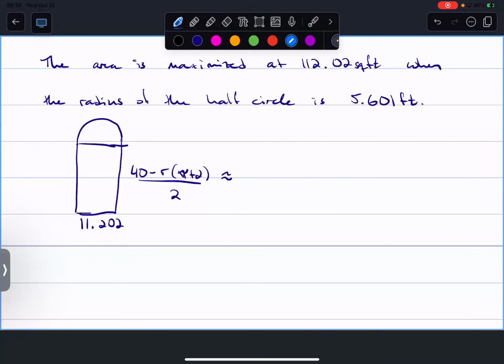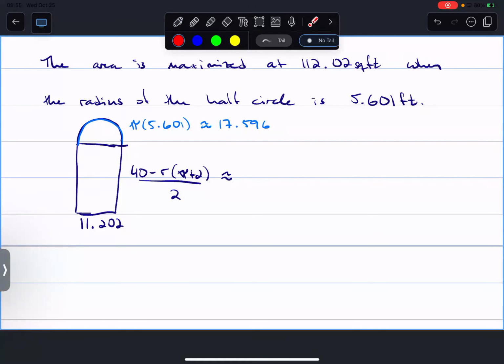which is what? 2 pi r divided by 2, so pi r. Pi times 5.601 is 17.596. Then what can I do? I can add the 17.596 plus 11.202.